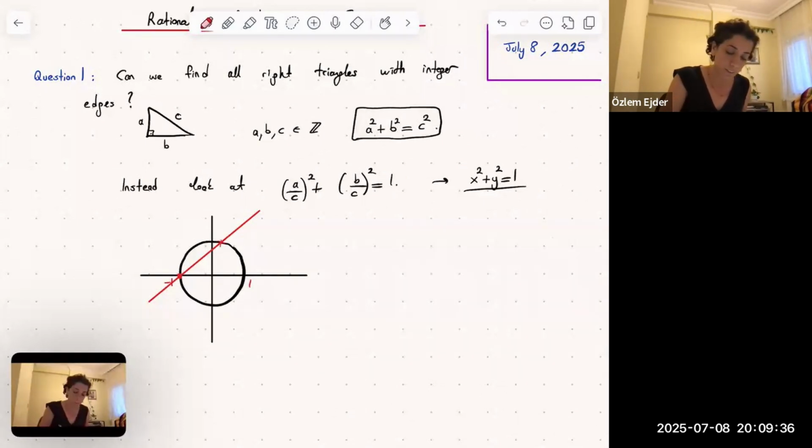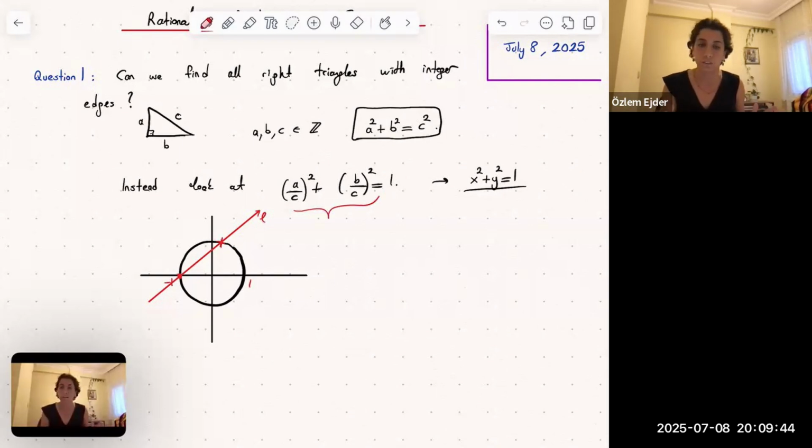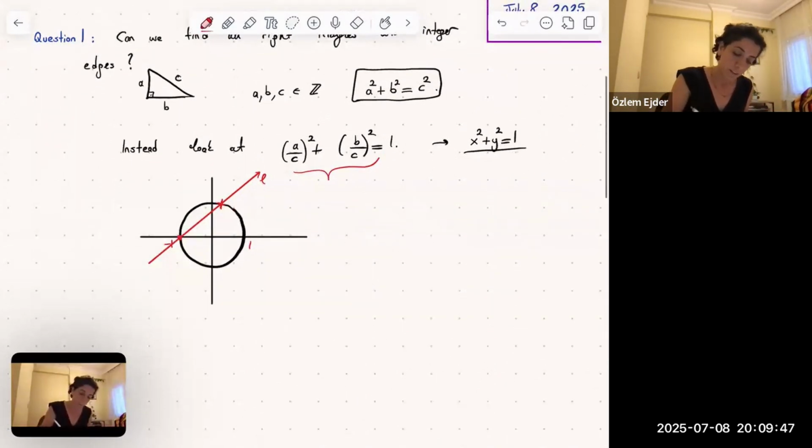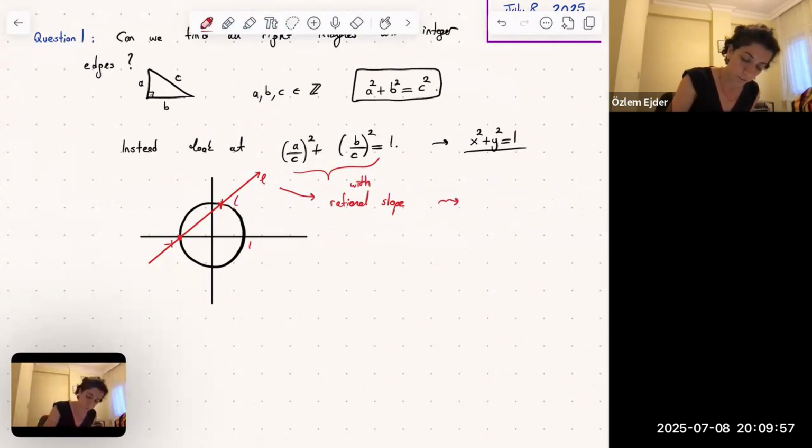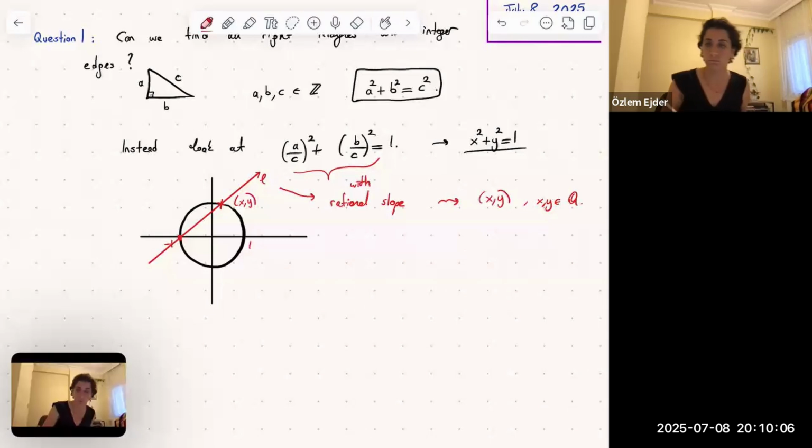The idea is that if I draw this line L with a rational slope, then this intersection will also give me a solution to this equation where the coordinates are rational numbers. So take this L to be a rational slope. Then this will give you a point (x, y) on the circle with both coordinates in Q.